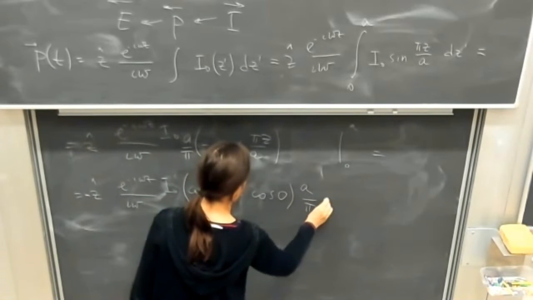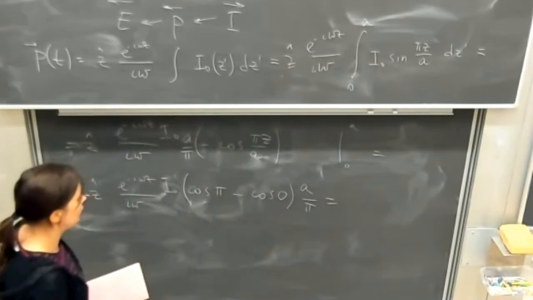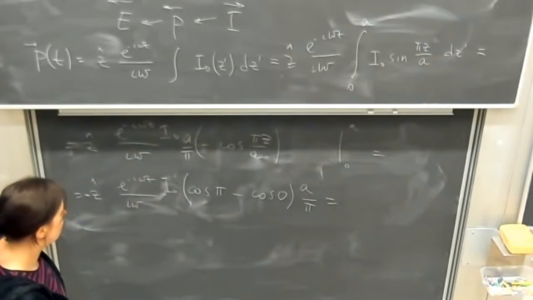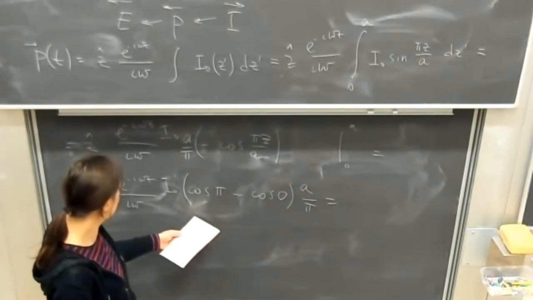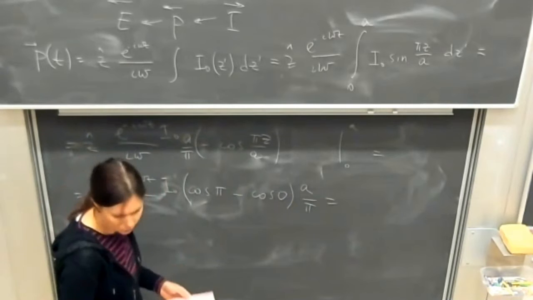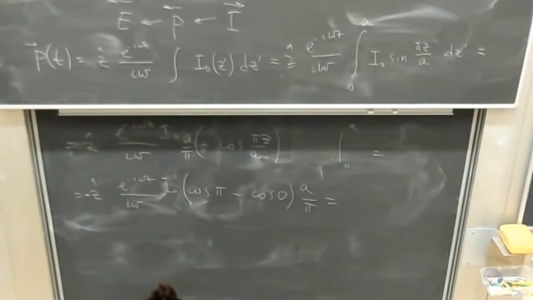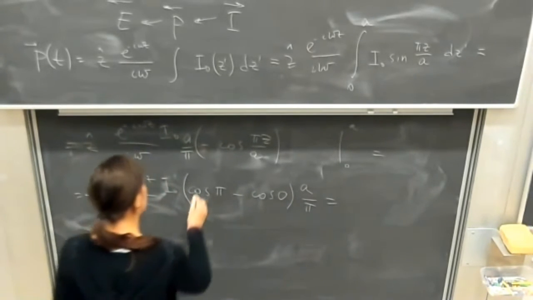Here is a pi. So it will be minus 2, would be minus 1 and 1.